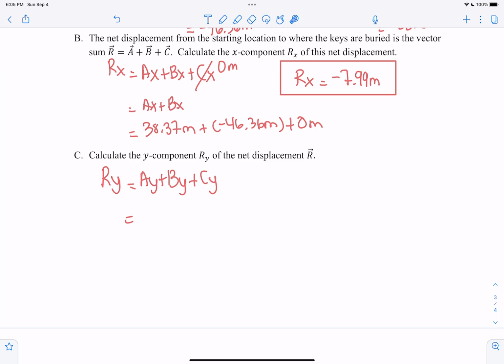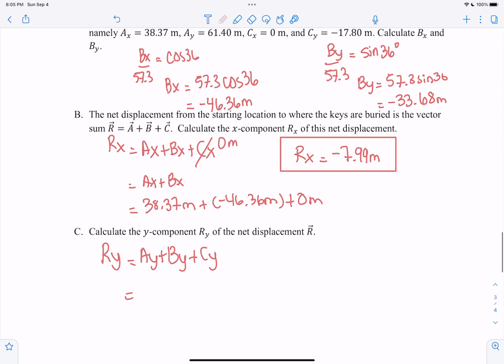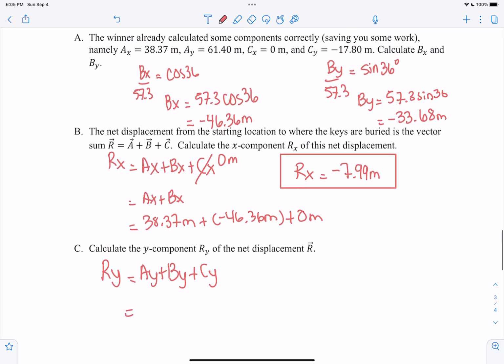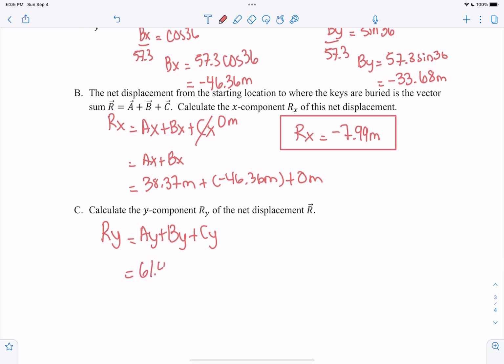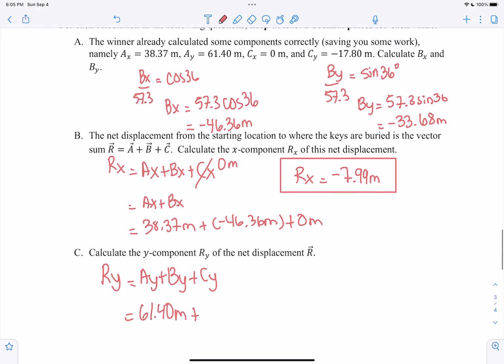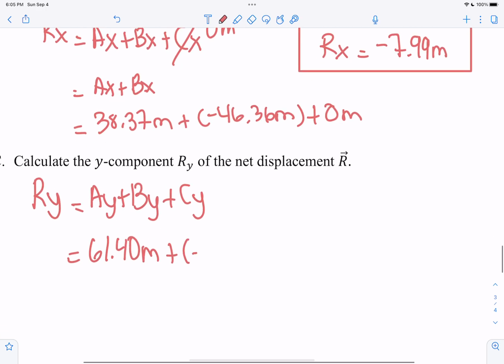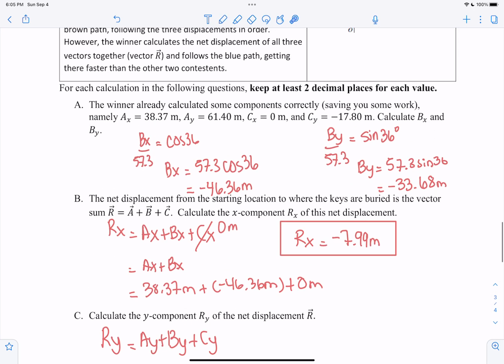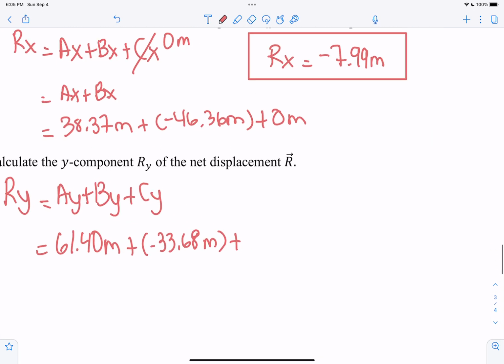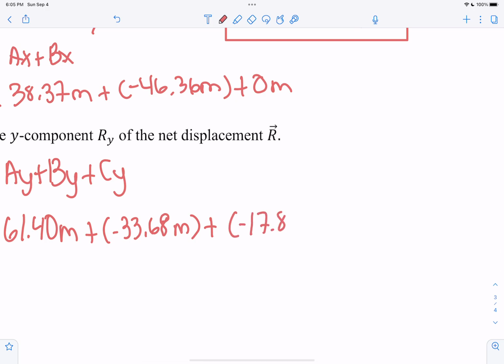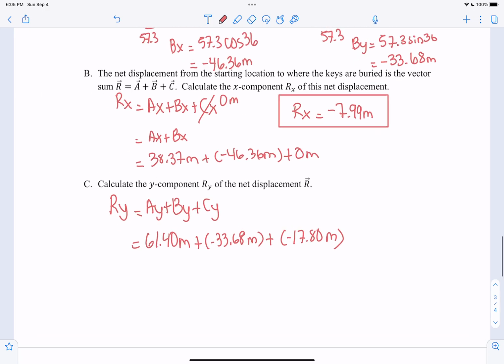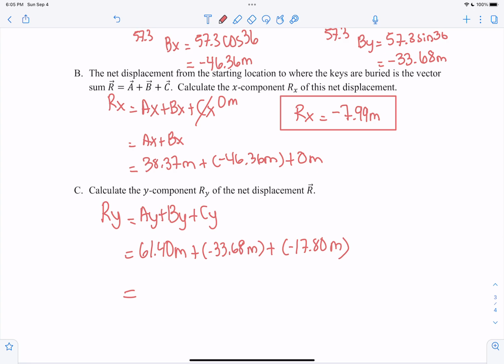So we end up with some final resultant y. So ay, we got that from part A here, which was 61.4 meters, right? And by we calculated up here, which was negative 33.68 meters, right? And then cy was another negative 17.8 meters, right? And then that should give us our ry.